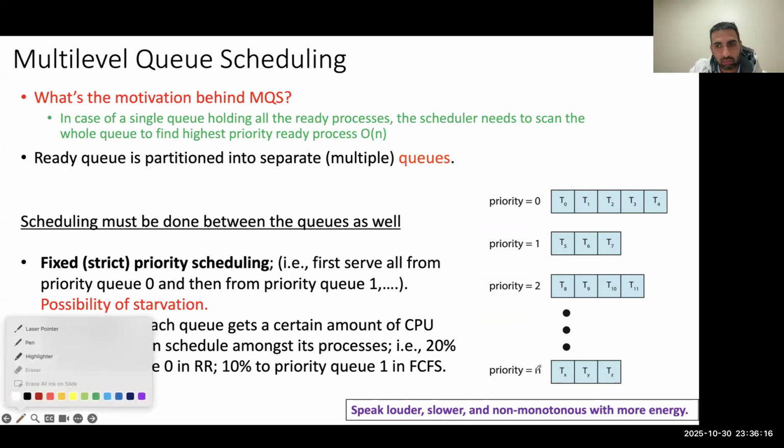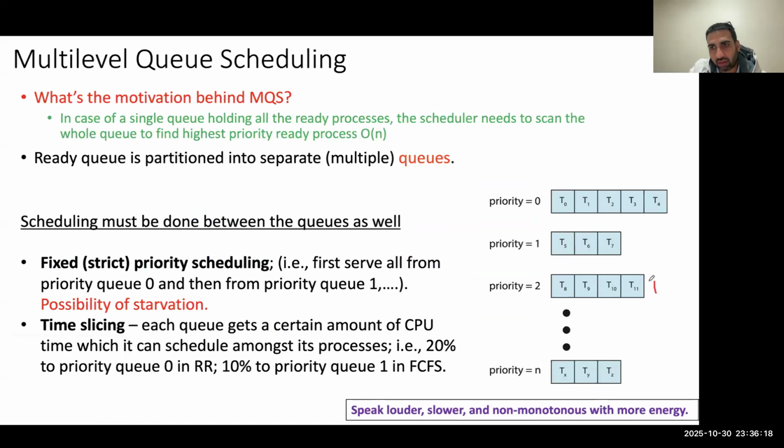So let's say I'm putting it here, T5, because it has priority equal to 2. During its lifetime, it will never change its priority and it will always stay in the queue which corresponds to its priority. For example, T5 cannot move to the priority level 1 queue, or priority level 0 queue, or priority level 3 queue, right? Which means that the priority assigned to a thread or a process is static, right?